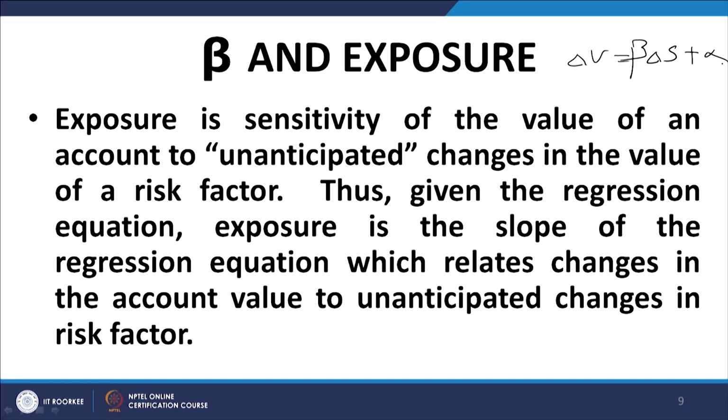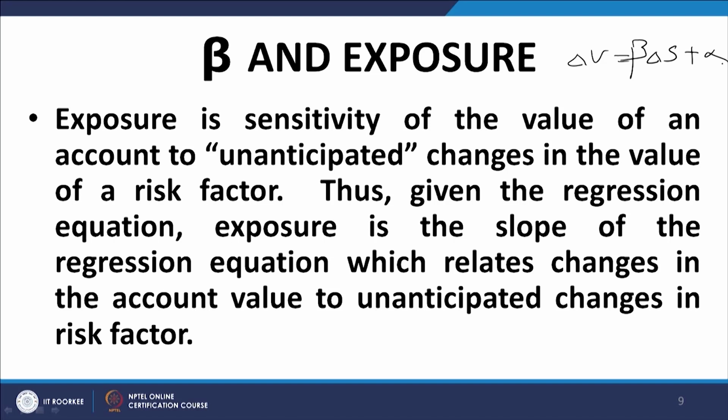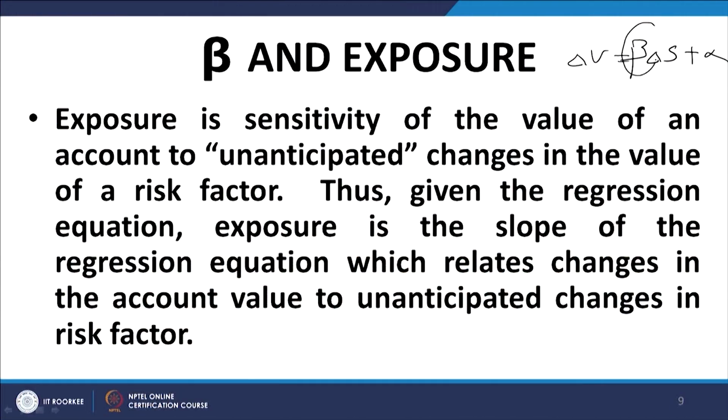When we fit the regression line, this works on the average, and because this works on the average, the E term vanishes, because the expectation of the E term is 0. Therefore, that E term will not appear in the regression line. Anyway, what is this beta?